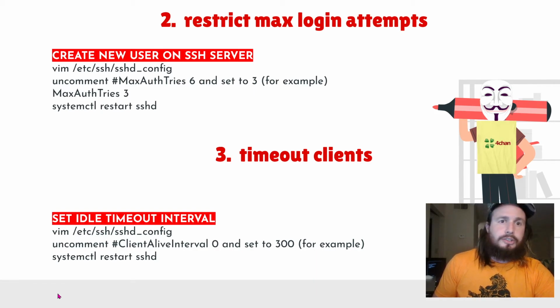Another is to restrict our max login attempts. That way, people can't brute force our accounts. We'll go back into the SSHD config file and uncomment the MaxAuthTries, and we can set this to whatever number we want. I put 3 and restart the service.